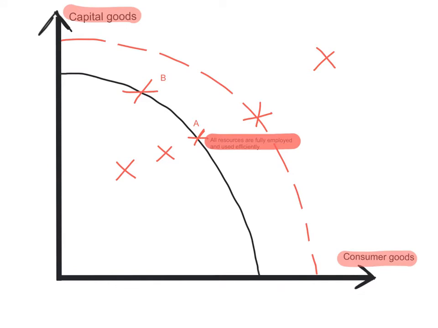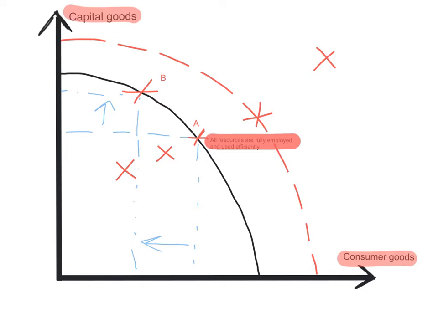Moreover, say for example the economy is producing at point A, so it's producing a certain quantity of consumer goods and a certain quantity of capital goods. If the economy wanted to increase the production of capital goods and move up to point B, this can only happen by producing less consumer goods. Why? Because we're already assuming that the economy is on its PPC and all resources are fully employed.